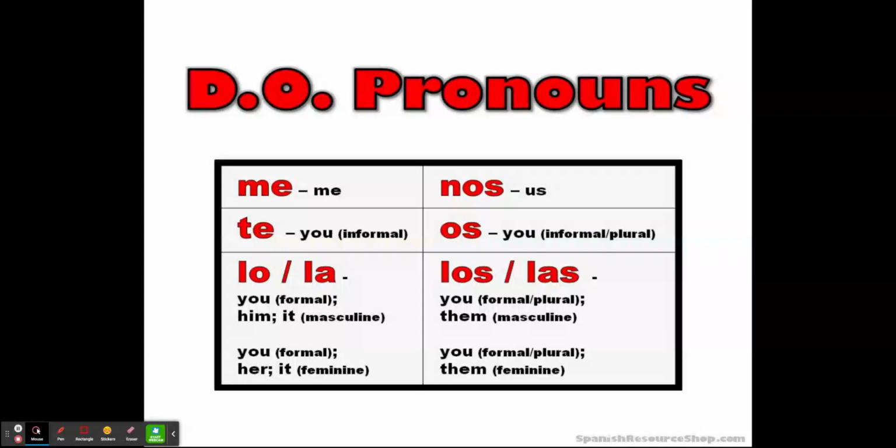And the same applies for la profesora ayuda a ustedes, and you have a mixed group. The professor helps you all, then you're going to say los. But if the professor is helping a group of only females, you're going to choose the pronoun las. Okay? So remember: me, te, lo, la, nos, os, los, las.